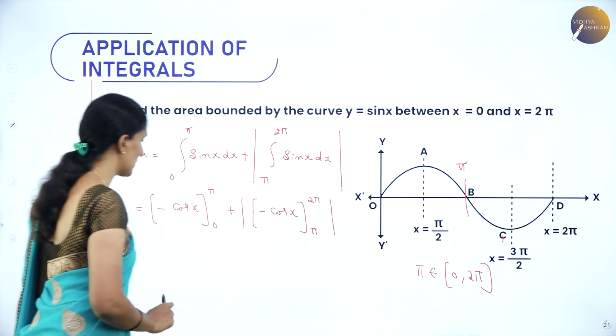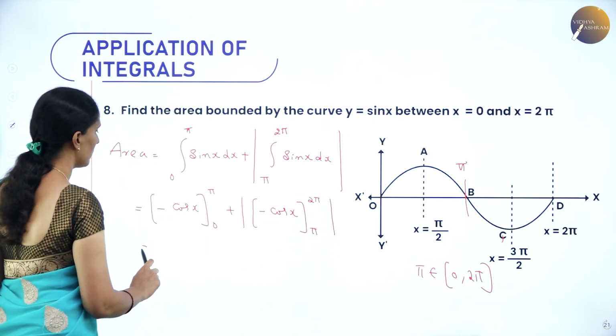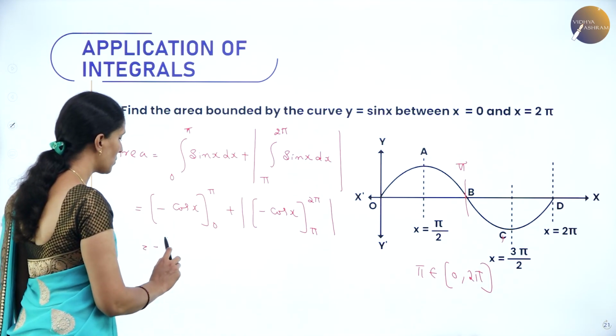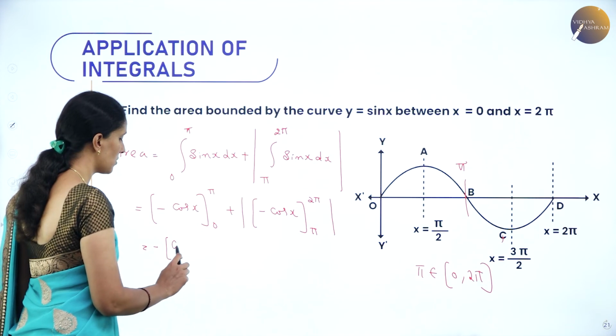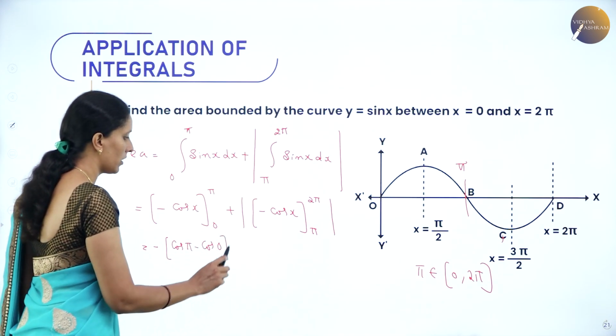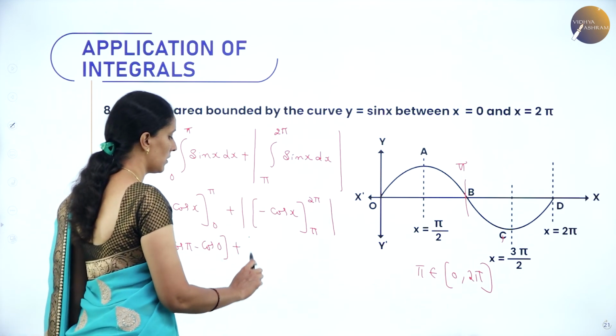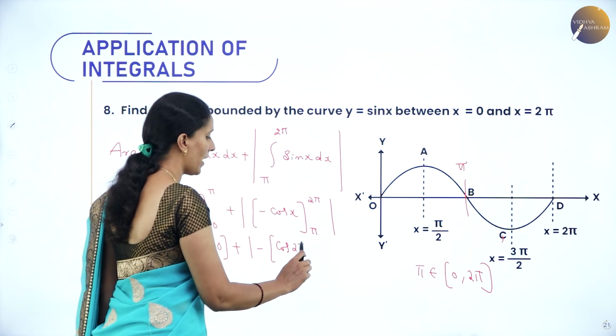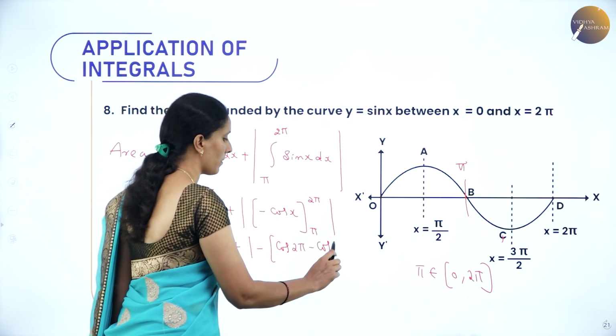Take the modulus here. So now here we have minus. Write minus outside. Apply the limit: cos pi minus cos 0. Again here, take minus outside. Apply the limit: cos 2 pi minus cos pi.